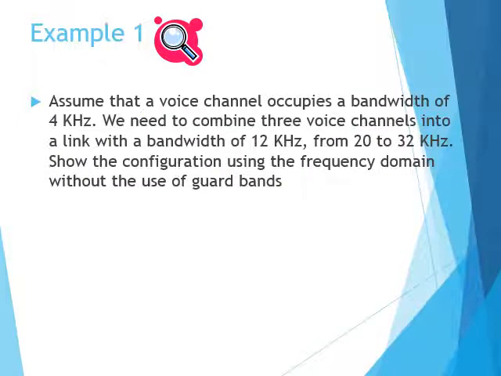Example 1. Assume that a voice channel occupies a bandwidth of 4 kHz. We need to combine 3 voice channels into a link with a bandwidth of 12 kHz, from 20 to 32.